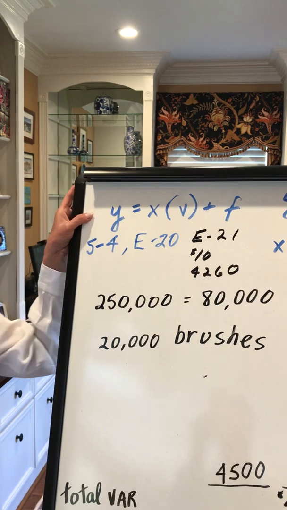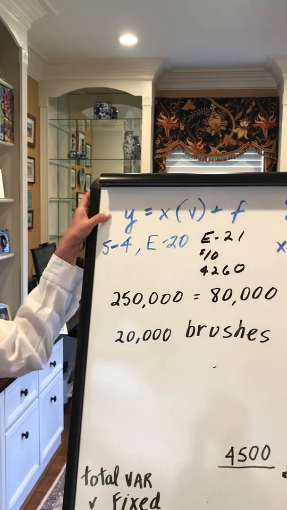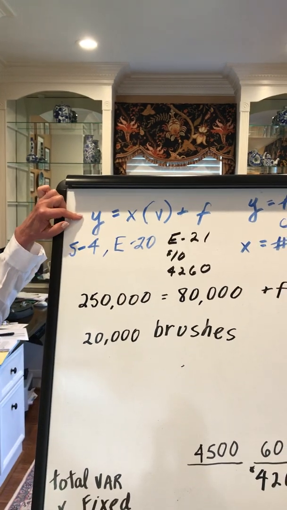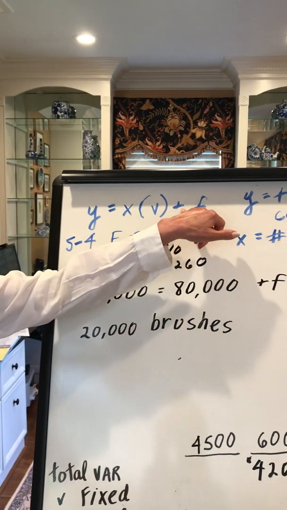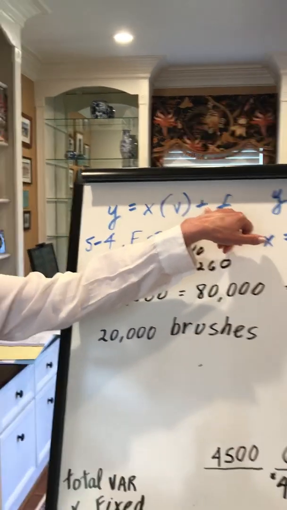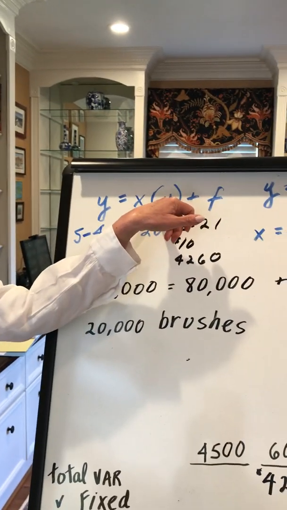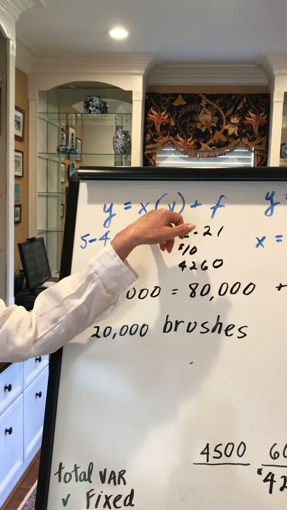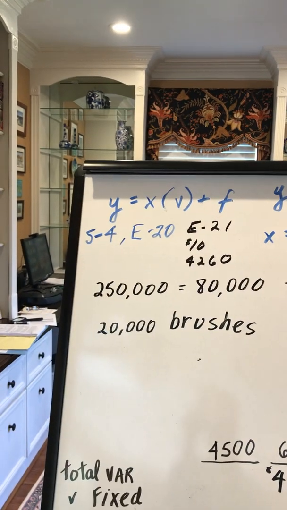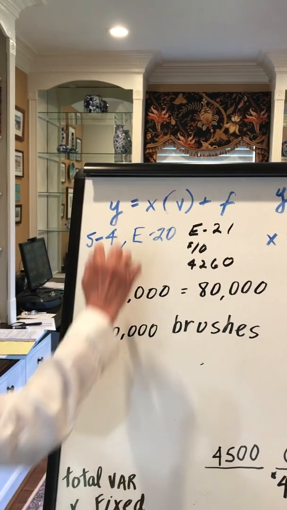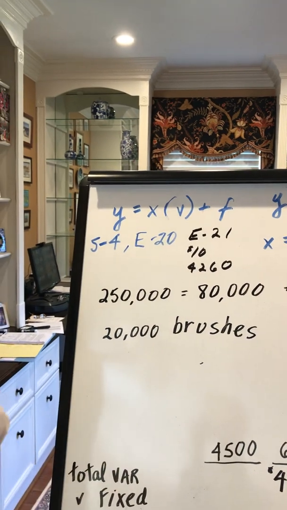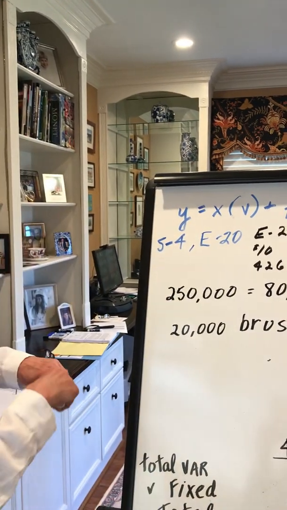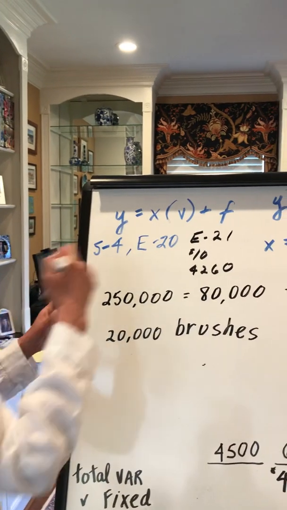Everything I'm talking about is in your book. Y is total costs, in dollars. F is the fixed costs. V is the variable cost per unit. X is the number of units made. No matter what we do, we want to be able to create this cost equation.